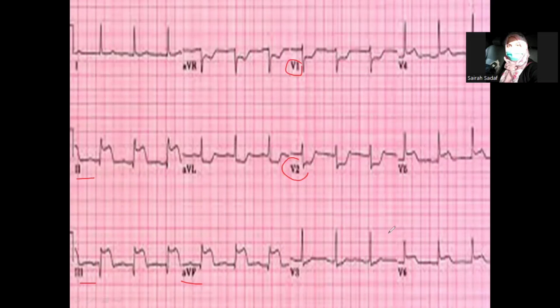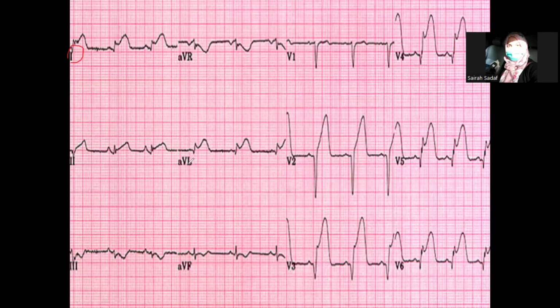I think it is more than inferior. Just look hard. Lateral leads are also involved. Inferior leads are involved, then anterior leads are involved. You are saying infralateral septal, anterior, inferior, lateral. Okay, let me see what it is.